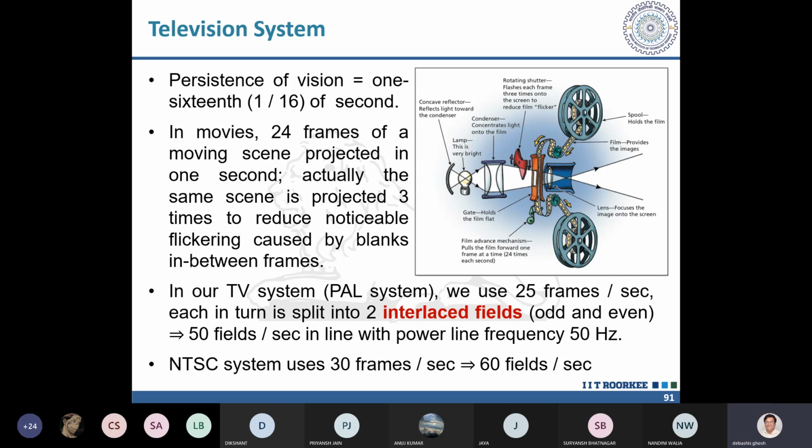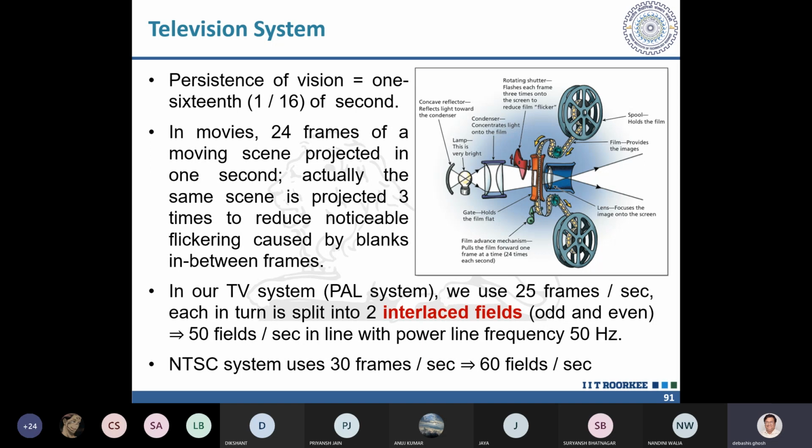If the fan is rotating at a slower speed, you will be able to make out that the blades of the fan are obstructing your view. But if you increase the speed of the fan, the blades become more invisible. You will not be able to see the blades, and you will be able to see the ceiling better.